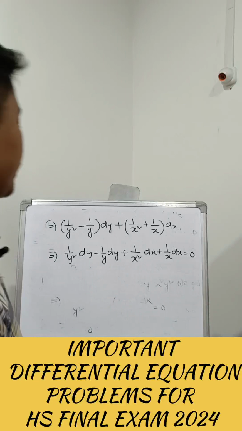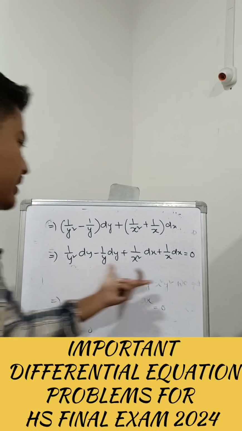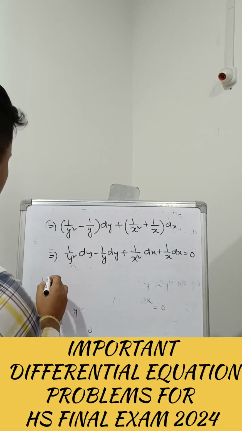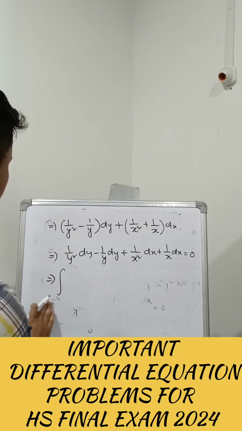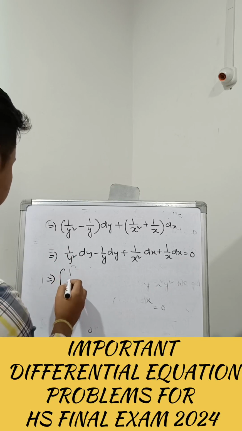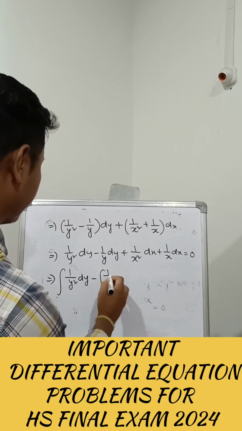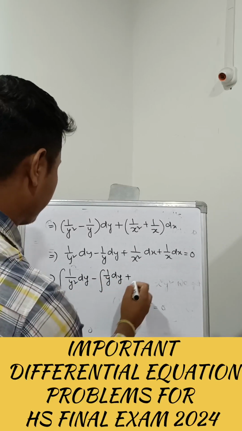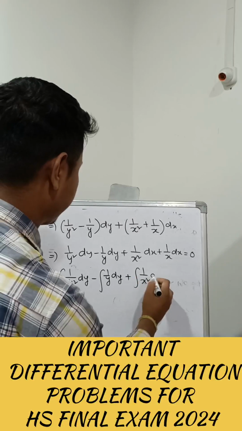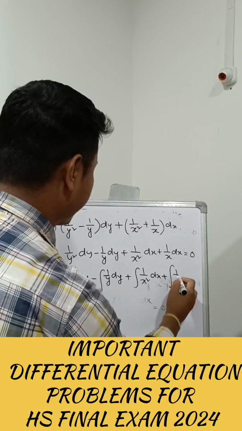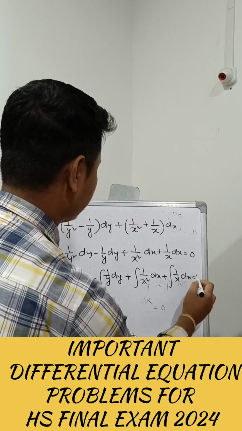Now we are going to integrate both sides. On integrating, we have integration of 1 by y square dy minus integration of 1 by y dy plus integration of 1 by x square dx plus integration of 1 by x dx equal to 0.